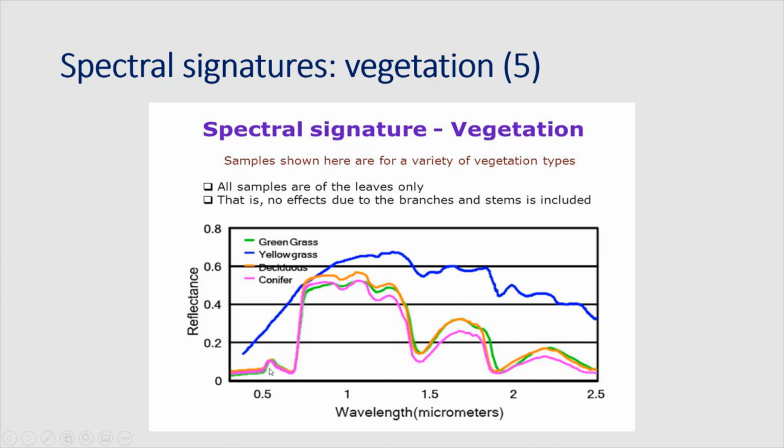So in the visible, they appear to be very similar. But when we take into account the infrared, especially the near and the mid-infrared, you see that the spectral signatures are diverging. So in these particular spectral bands, you can also recognize different species of vegetation.